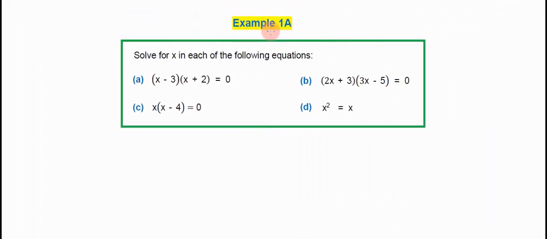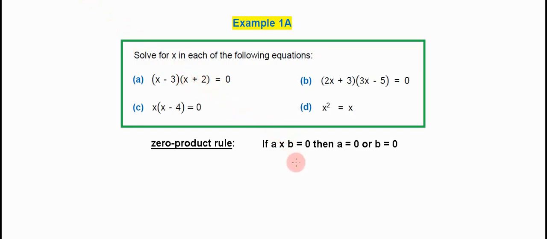So example 1a here deals with using the zero product rule. Now remember that the zero product rule says if a times b is 0, then a is 0 or b is 0. Let's see how we can apply the zero product rule to solving each of these equations.